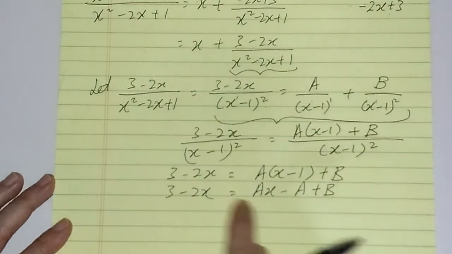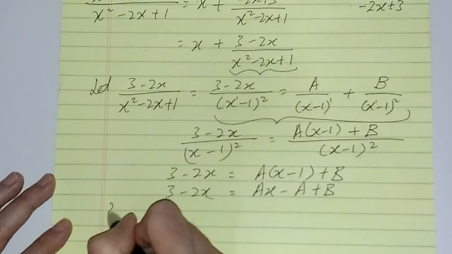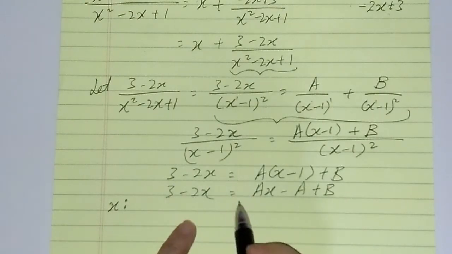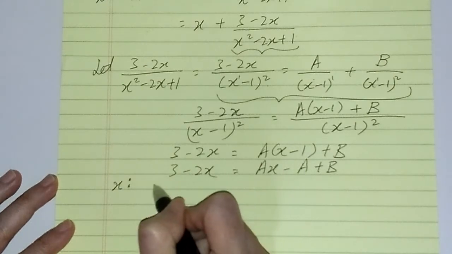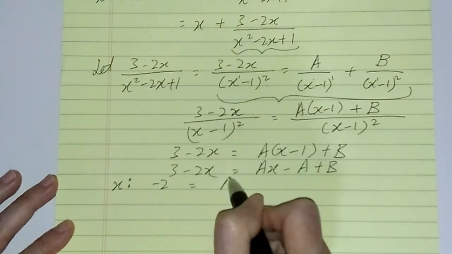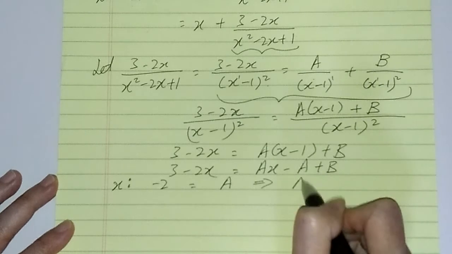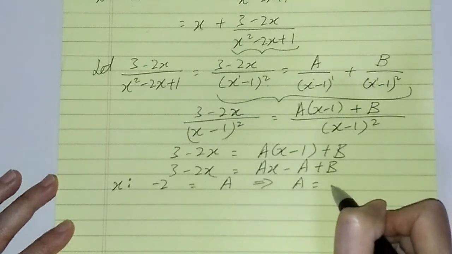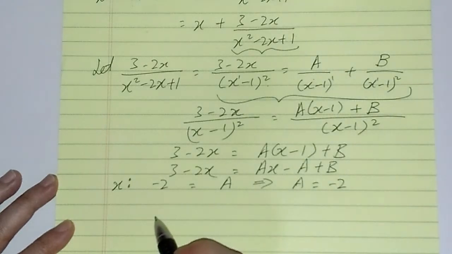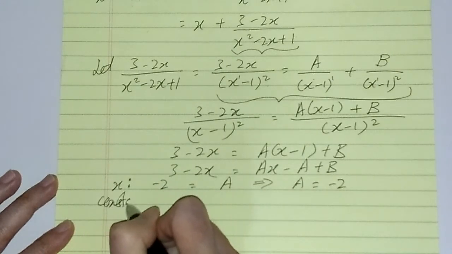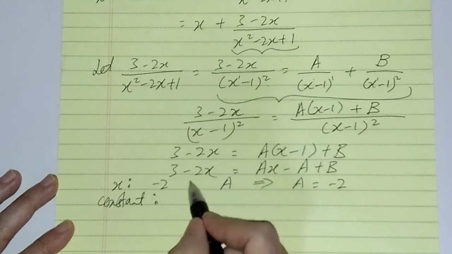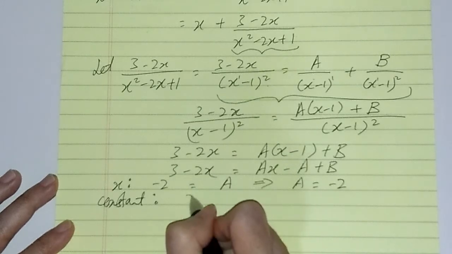Now we compare the x coefficient. Okay, the left and the right. So the left hand side, the x coefficient is minus 2. The right hand side is A. So therefore A is equals to minus 2. Okay. And now we compare the constant. The left hand side is 3.